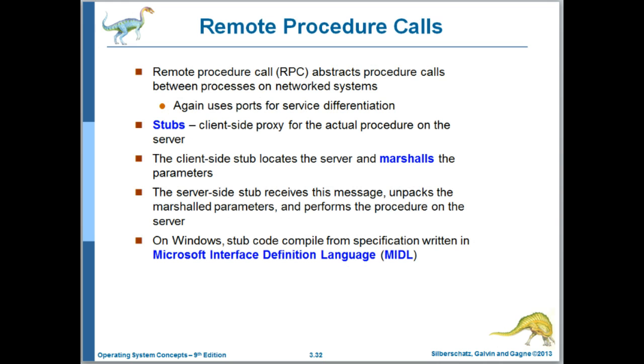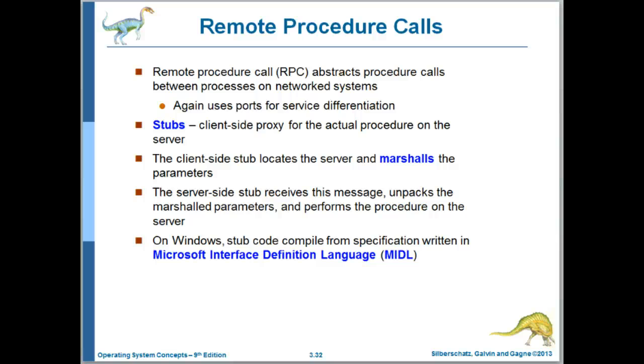Remote procedure calls, or RPC. Consider the following situation: a process running on one system, process A, and process B running on another system, and process A wants to execute a function within process B. How do we make that happen?